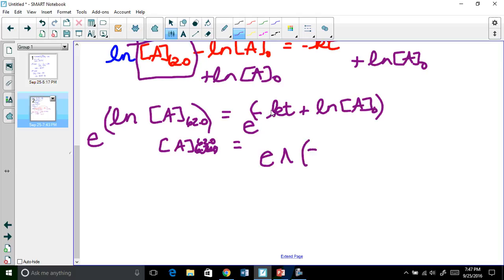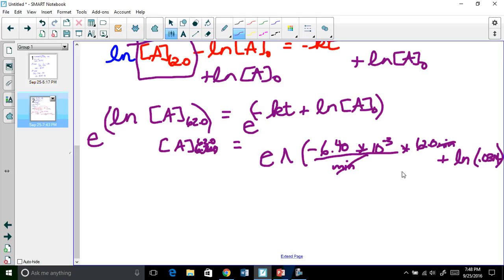Well, it's the opposite of 6.40 times 10 to the negative 3 over minutes. And then the time is 62 minutes. So the first thing you're going to see is there's no units in here. And then we have to go plus the ln of the initial concentration, which is 0.0314.